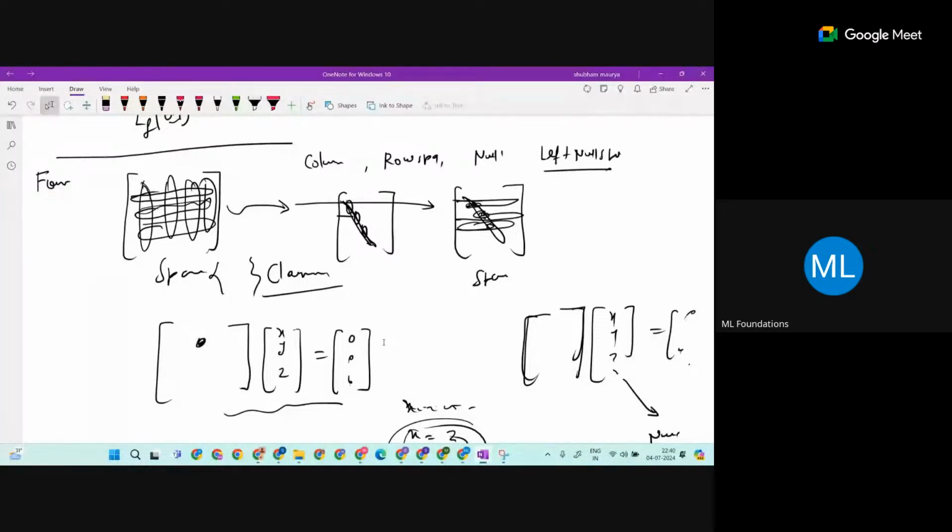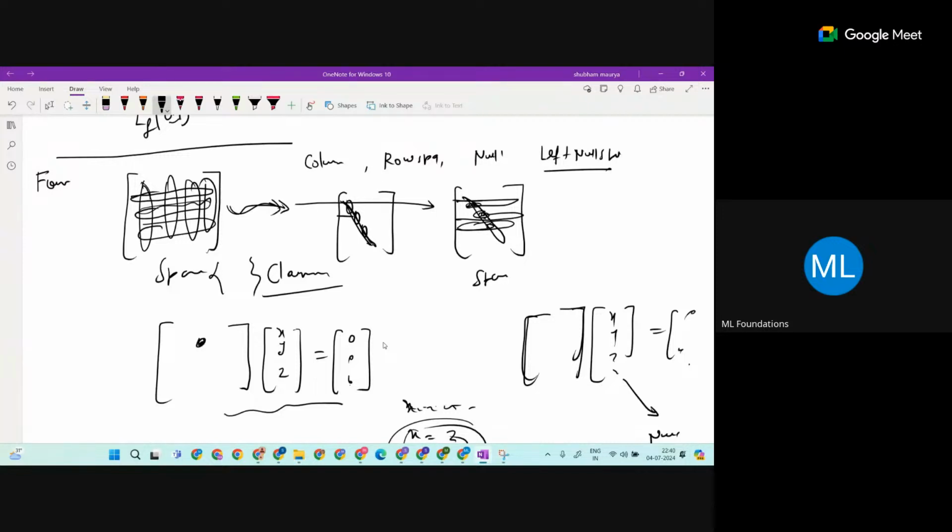Is it just for row space or column space as well? For column space, in both cases you have to find the reduced row echelon form.